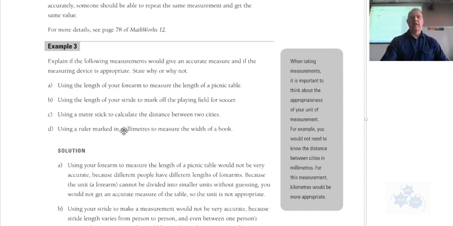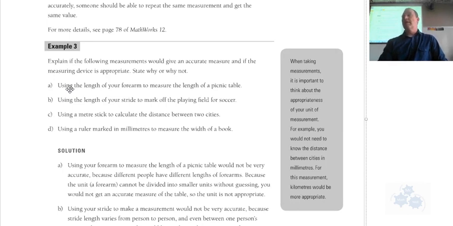So, example 3. So, if you are using the length of your forearm to measure the length of a picnic table, do you think that that would be a very accurate measurement when you're done? Okay, what would be the units of measure that you're using? Forearms, okay? So would your forearm be different than someone else's forearm probably?